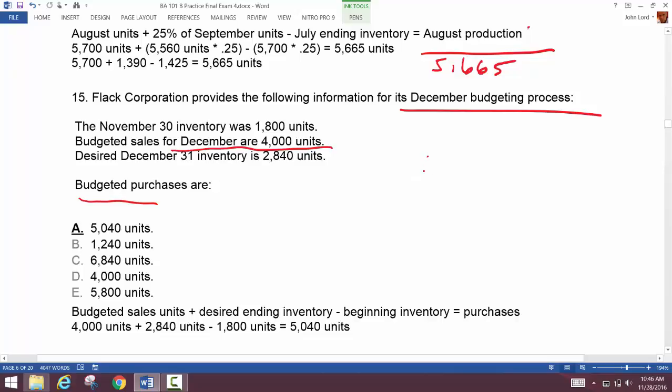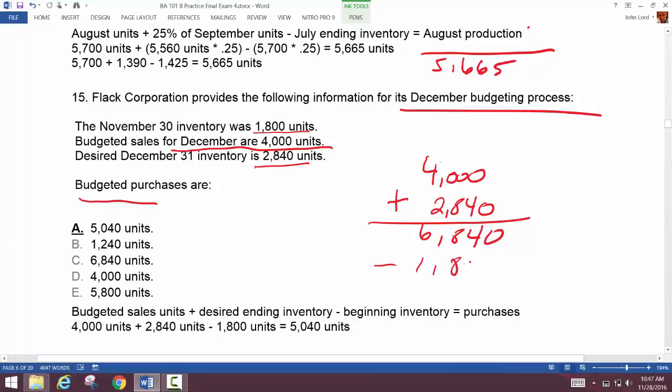So if it's December, it's 4,000 units that I know I'm going to have in December, and I want a desired ending inventory of 2,840. So I've got 6,840 as my total needs, but I started the month with what?